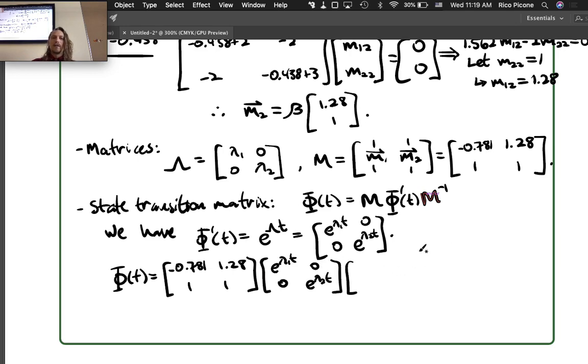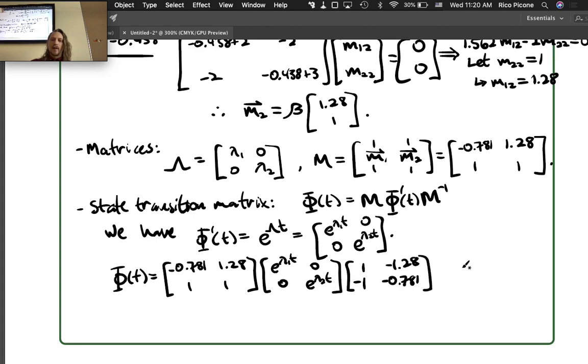And then M inverse, which for a 2 by 2, we'll put the factor out front. So you flip these two, so you're going to go 1, negative 0.781, and you change the sign on these.